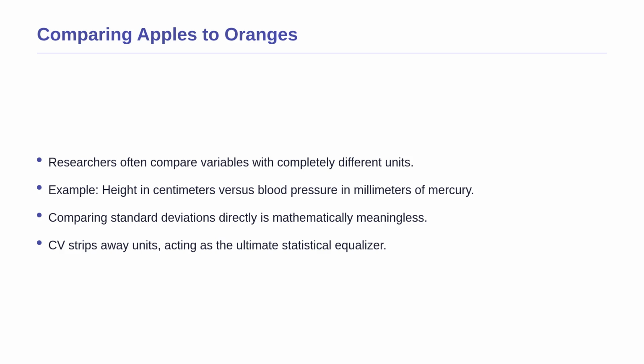Because these variables have completely different units and scales, comparing their standard deviations directly is mathematically meaningless and incorrect. The coefficient of variance solves this by stripping away the units, giving us a pure percentage. It is the ultimate equalizer in statistics.